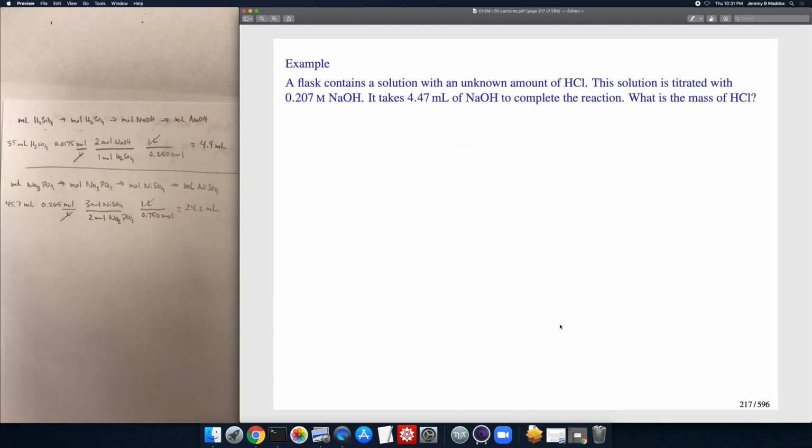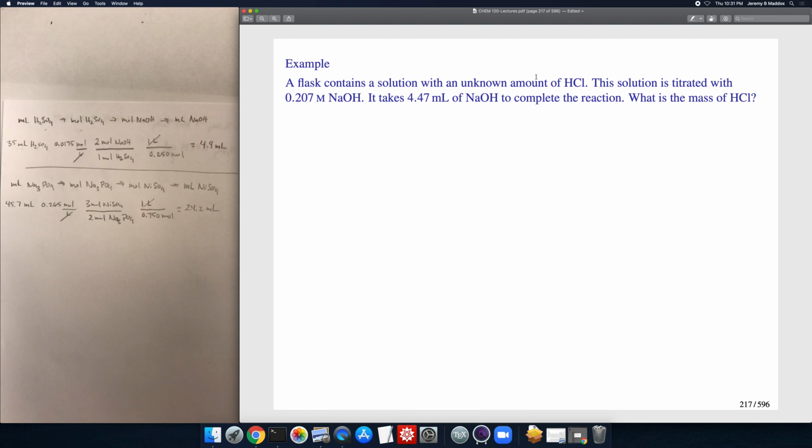Here we have a classic acid-base titration problem. So we have a flask that has an unknown amount of hydrochloric acid in it. And we titrate this solution with 0.207 molar sodium hydroxide. So this is going to be the titrant that is loaded into the burette, and in the flask below the burette we have this solution of HCl with an unknown concentration.